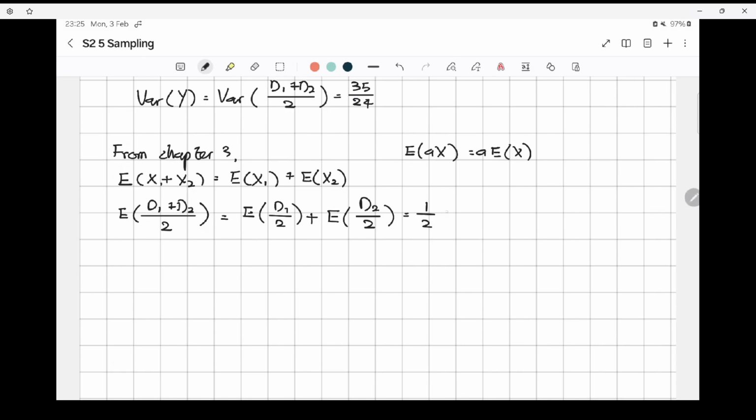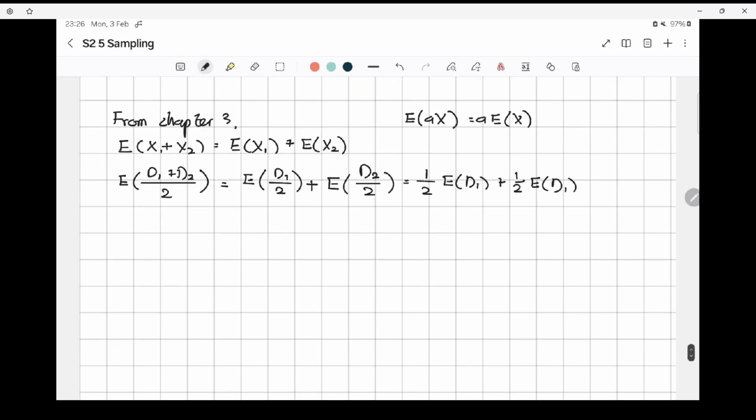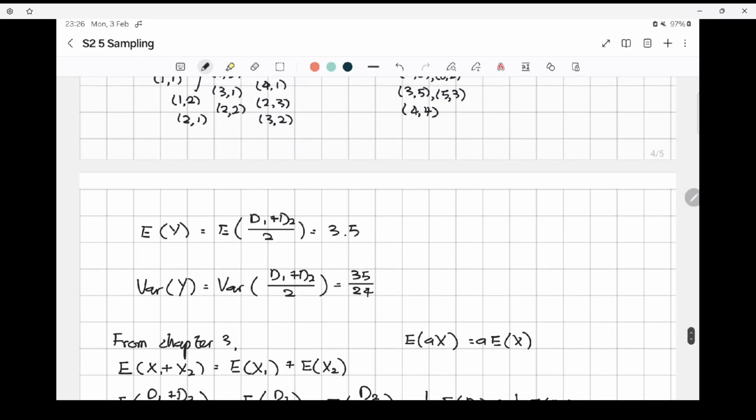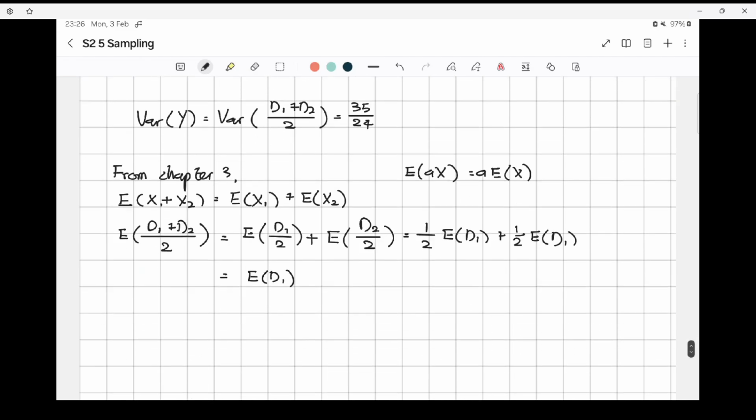So this is half E[D1] plus half E[D1]. In the end, we get E[D1]. This shows that for sample mean, no matter how many samples you are taking, the expected value should be the same as the original random variable.